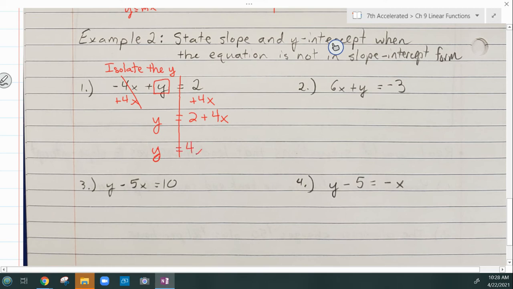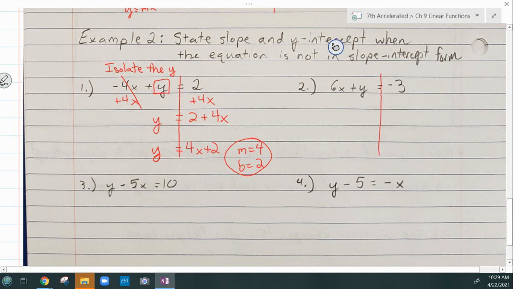So we have 4x plus 2. Once it's in that form, it's easy to find the slope and y-intercept. So m is going to be 4, or 4/1, and b is going to be 2, or 0, 2. All right, so that's our answer. But to get there, we had to put it into slope-intercept form.